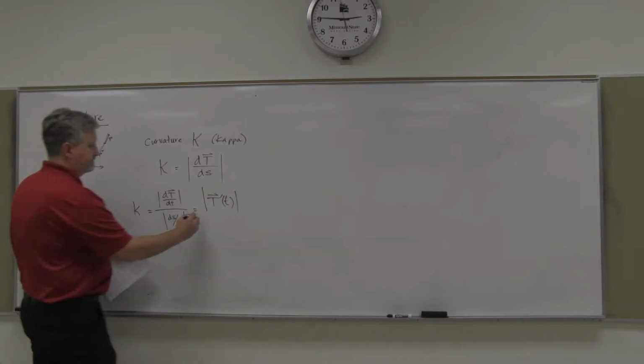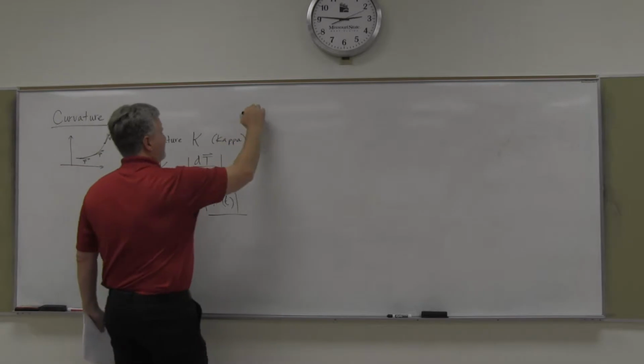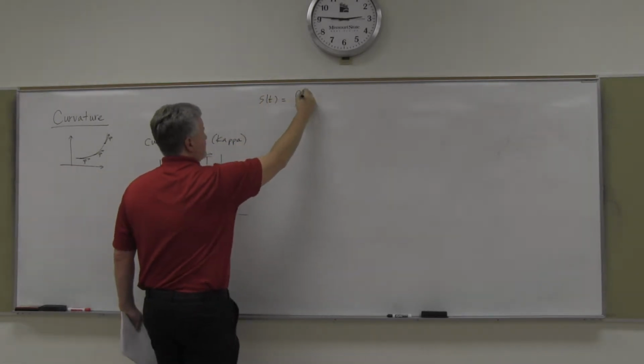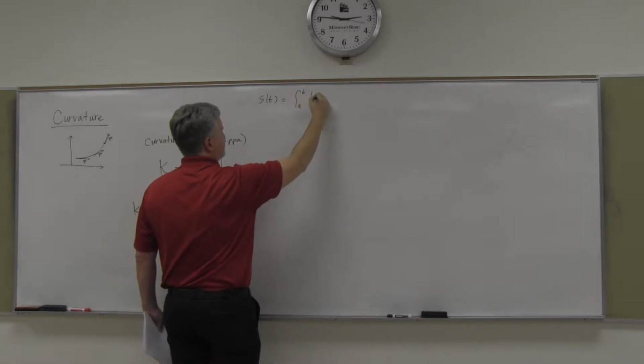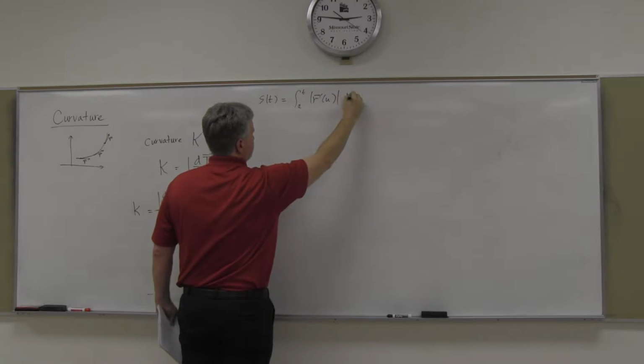We didn't point that out in my previous example. Here's what this can be. We know that s of t equals the integral from a to t of the magnitude of r prime.